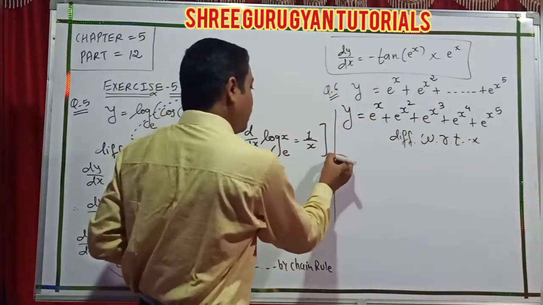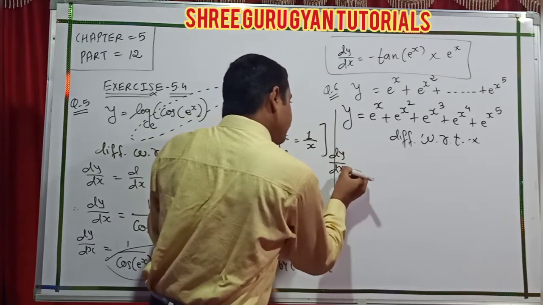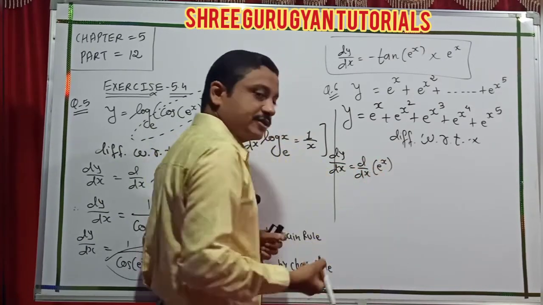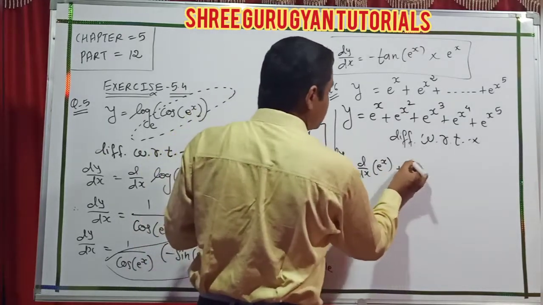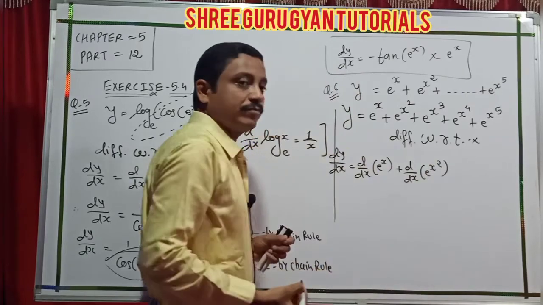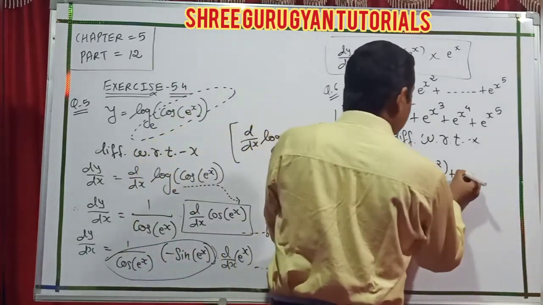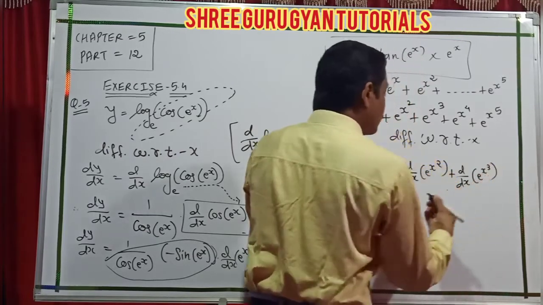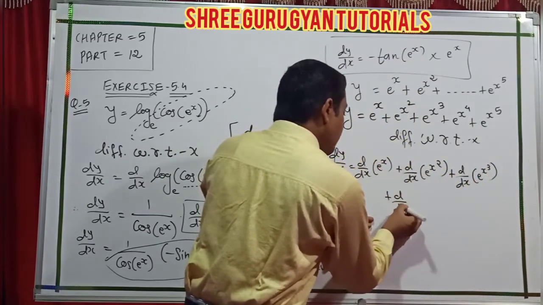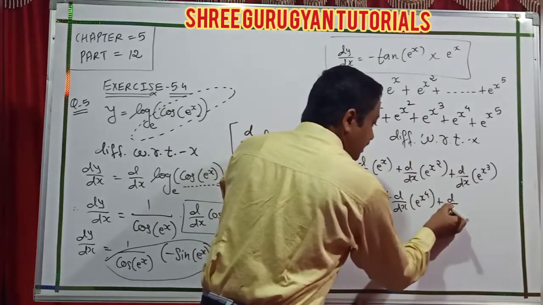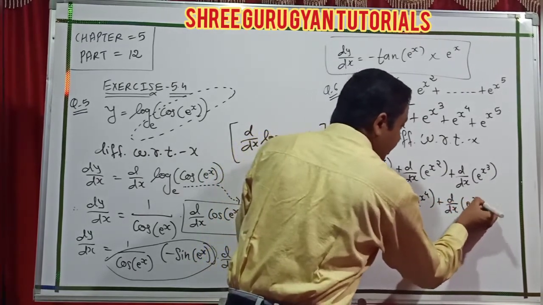So dy/dx, it's very easy. dy/dx of e raised to x, plus d/dx of e raised to x square, plus d/dx of e raised to x cube, plus d/dx of e raised to x raised to 4, and lastly e raised to x raised to 5.